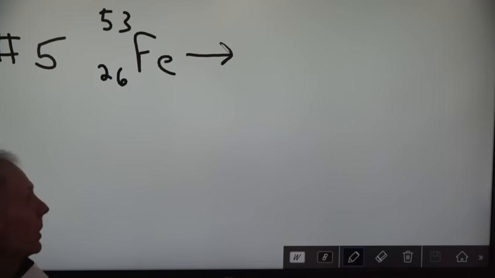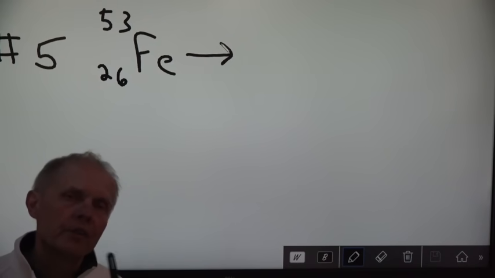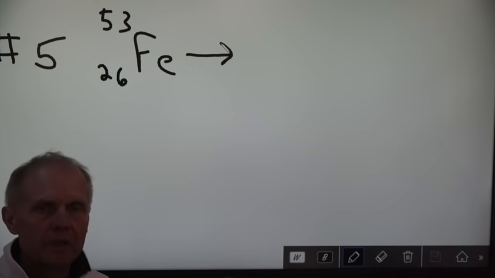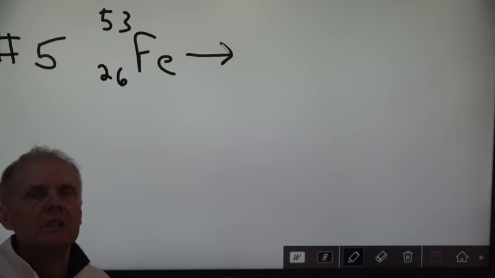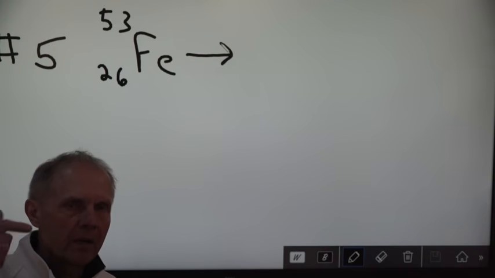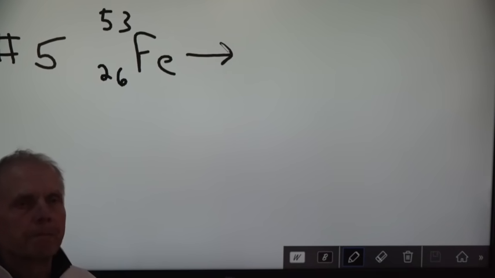Okay? So, those are the 3 ways that natural transmutation works. Natural means we don't have to do anything. It does it by itself. So we have alpha decay, beta decay, and positron emission. Those are the 3 natural transmutations.